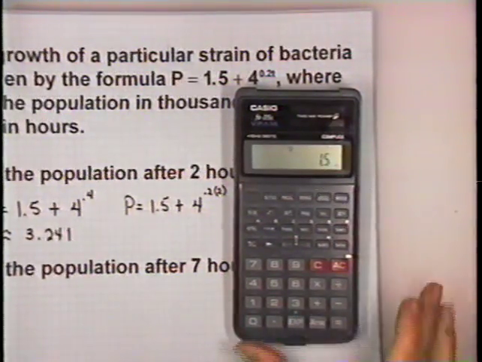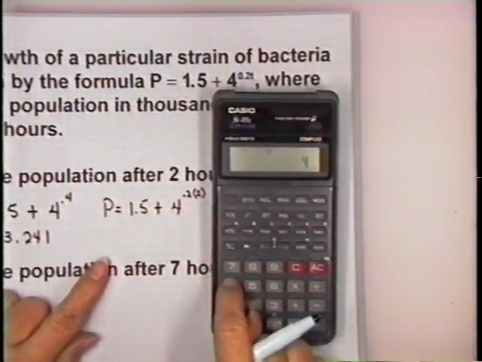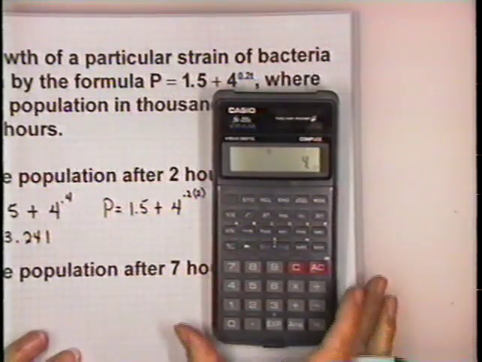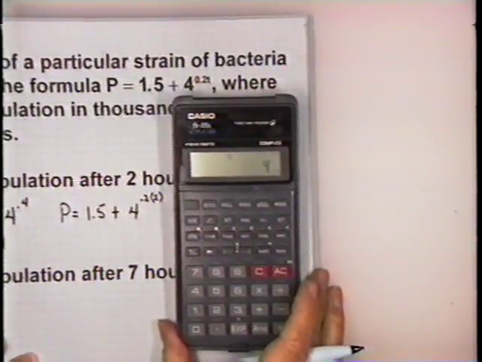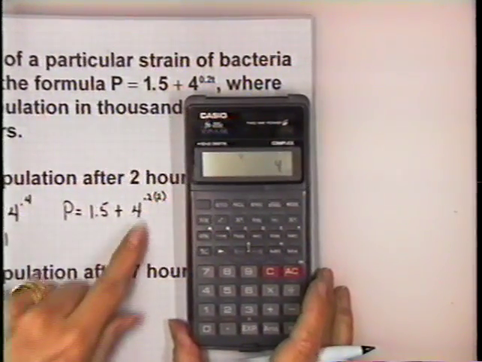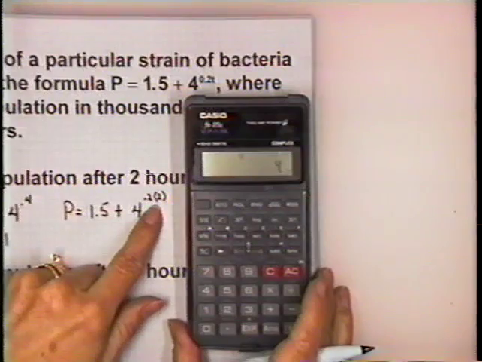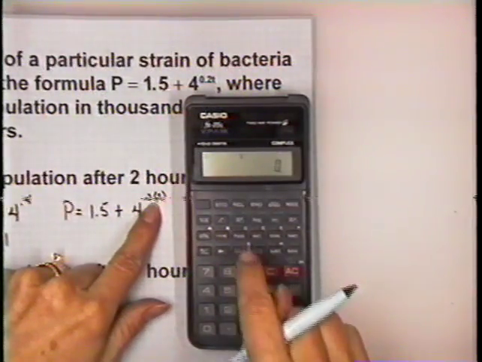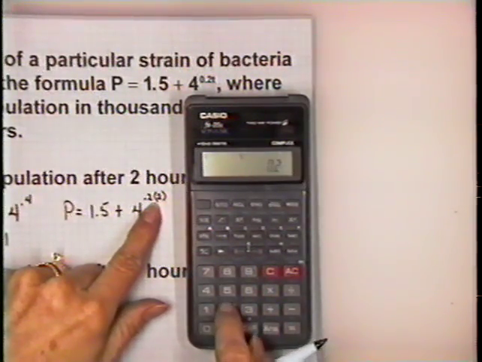Plus, I need my base of 4. Now I'm going to get to an exponent, so I'm going to do that x to the y. Now the problem here is, instead of having a single number for my exponent, I need to do an operation. So since I need to do an operation, what I'm going to do is use my parenthesis key, and I need to do 0.2 times 2.